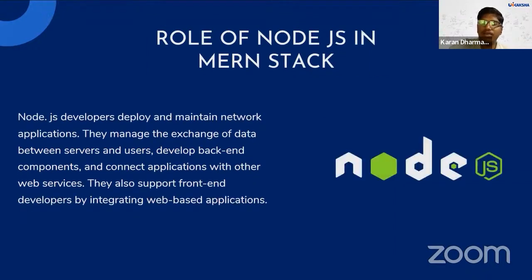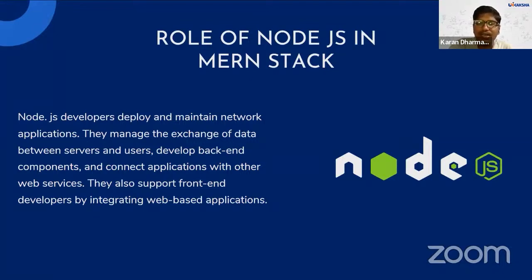Now, what's the role of Node.js then? Node.js is much like PHP, but the difference is that PHP has to be a different file and it has to run on the server. Since Node.js, as the name suggests, is also a framework or library of JavaScript, we can run it on our client side also.